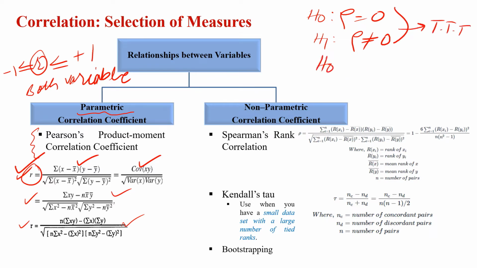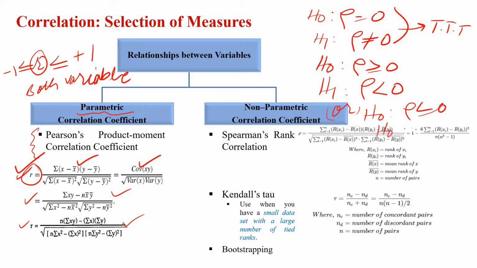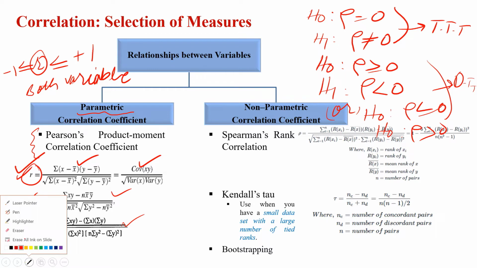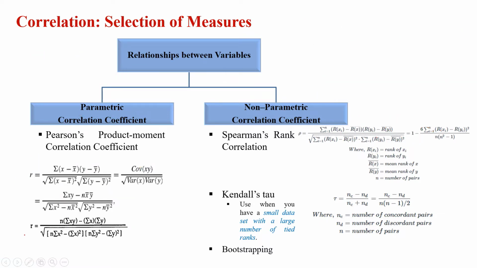Similarly, we may have H naught that the correlation coefficient is greater than or equal to 0, and the alternative that it is less than 0, meaning a negative relationship. Similarly, we can have the reverse. This is called a one-tailed test, right? So it could be any condition, and you can test it.